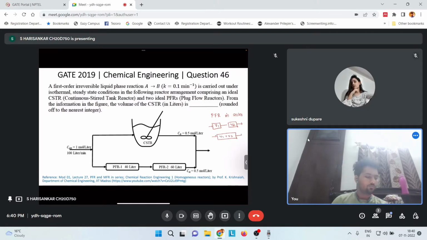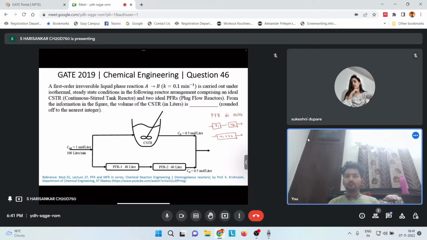Essentially, if we have two PFRs in series, we can consider that as a single PFR with the volume as the sum of the volumes of the two PFRs. That is what we'll be using here to solve this question.